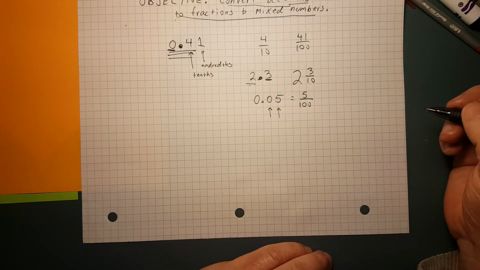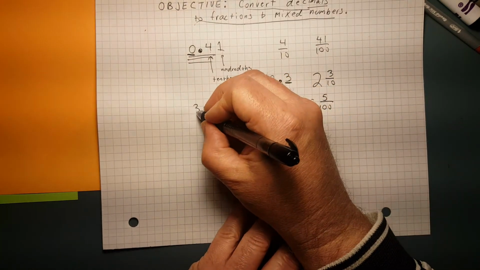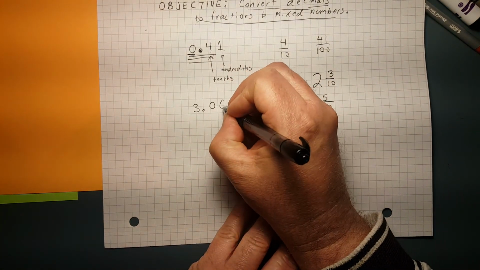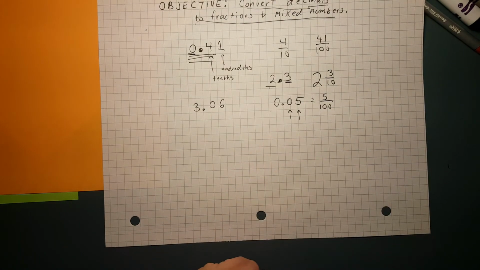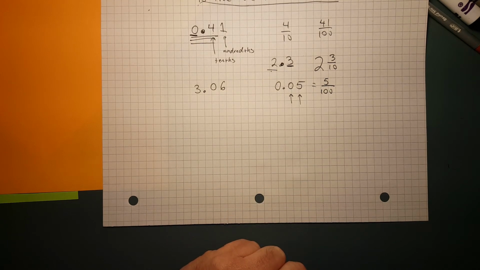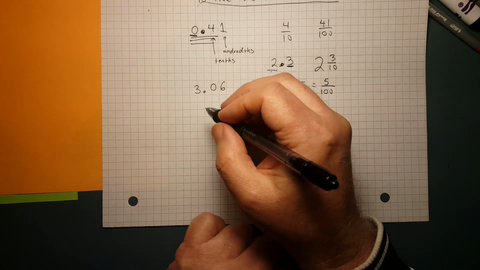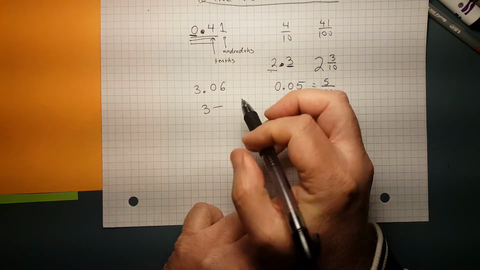All right, I'll try to fool you with one. Let's see. Here you go. How would you write that as a fraction or mixed number? Okay, so if you're writing as a mixed number, it says 3 and, so 3 and.